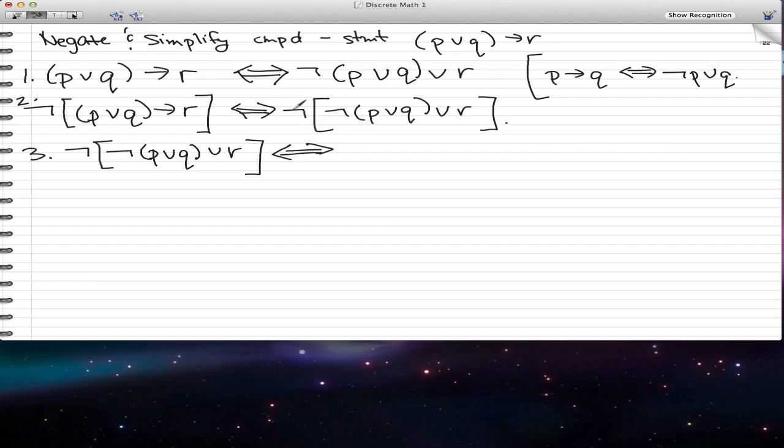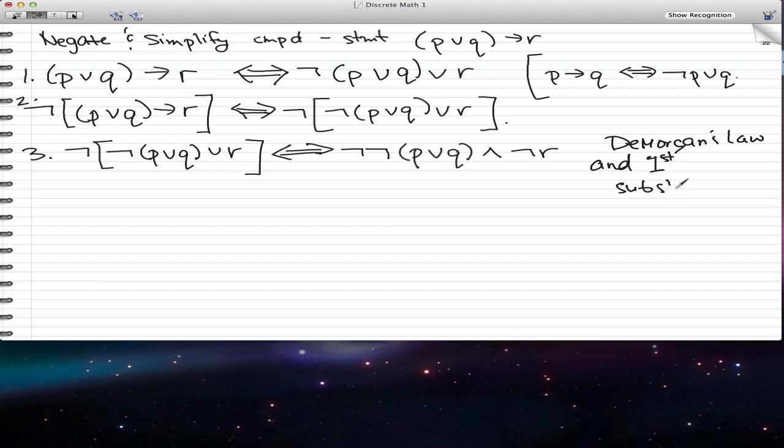We're just expanding things in. So we're taking this negation and distributing it over the inside of these two square brackets. So what we end up with is two negated symbols, P and Q. And remember I said that the negation of or is and, and the negation of and is or. So negating or gives us an and, then we get a negated R because we just expanded the negation into the R. So this is by De Morgan's law and the first substitution rule.